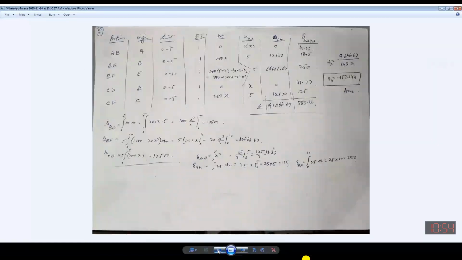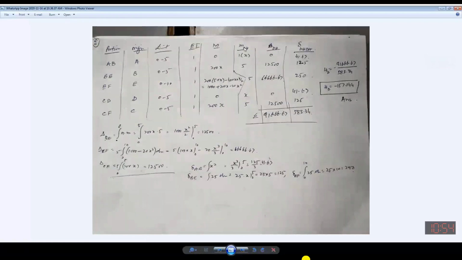Now, this is the capital M. Capital M means the moment produced in each and every segment, each and every limb of the structure due to the actual loading.